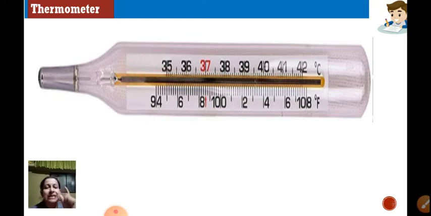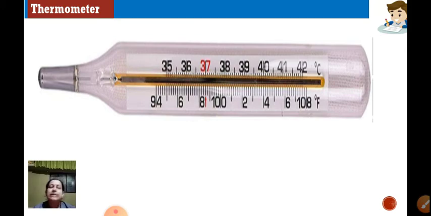So 37 degrees Celsius corresponds to 98.6 Fahrenheit, and above 98.6, even when it is 99, we say we have got a fever. 100 degrees Fahrenheit is also fever. 102 is very high, we say, right? So 102 is around 39 degrees Celsius.